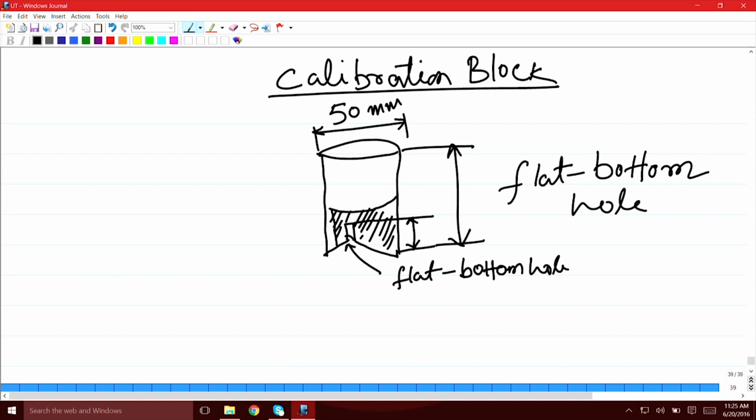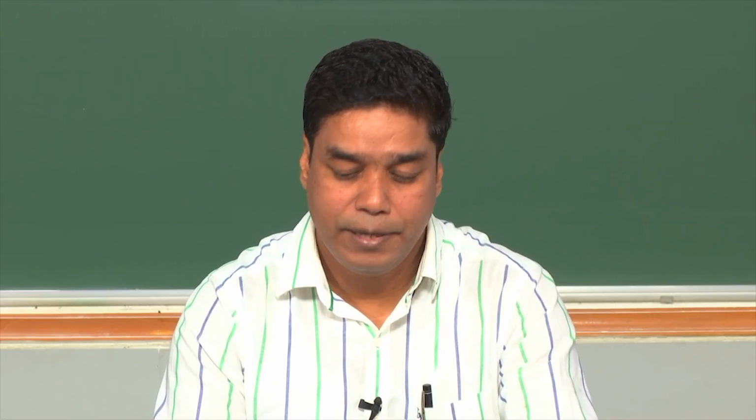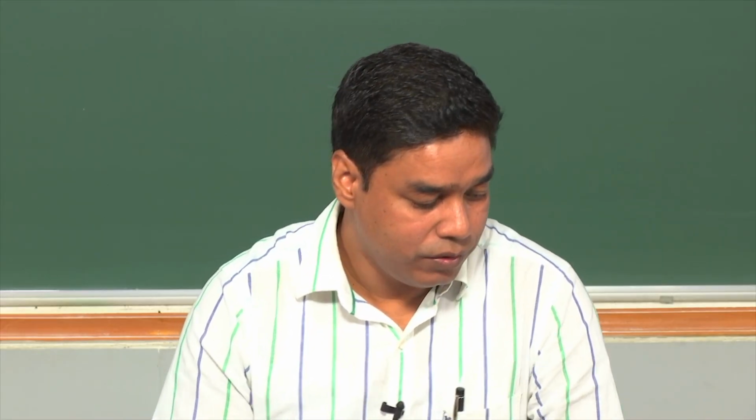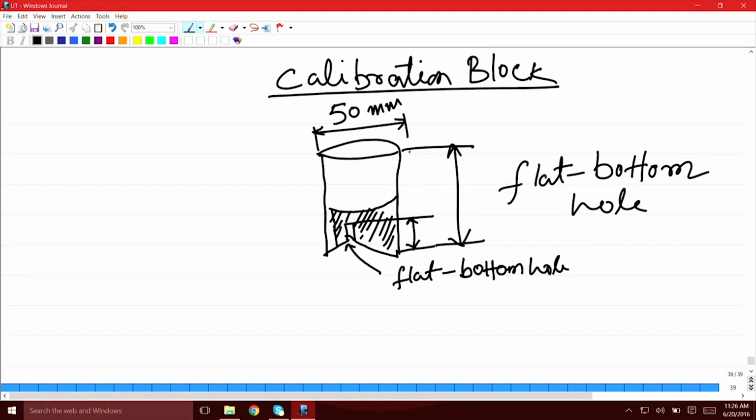Now, using this kind of block you would be able to calibrate not only the distance, but the area also. When you calibrate distance, you need to vary the height of this block, keeping the size of the flat bottom hole the same. When you vary the height, you vary this metal distance, which is this one.